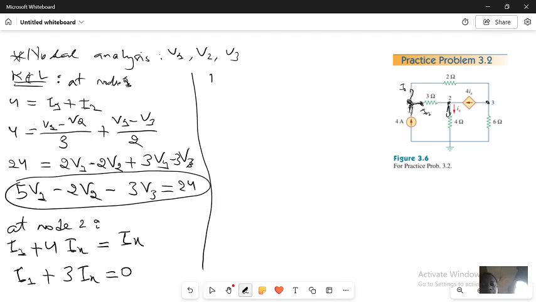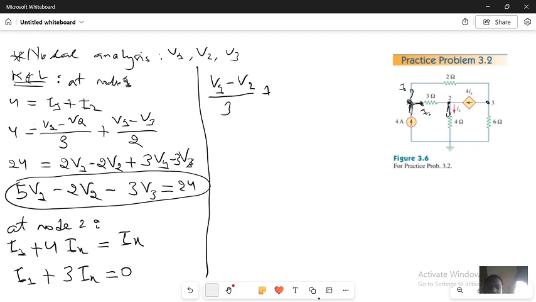Now to determine I1, equal V1 minus V2 as we did here. So I will have V1 minus V2 divided by 3 plus 3Ix. Ix is this current, equal V2 minus 0 divided by 4.